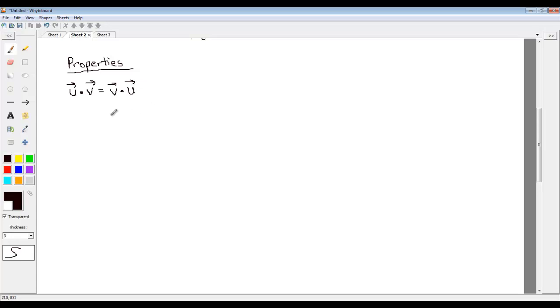You've got one that's basically a distributive property: u dot (v plus w) equals u dot v plus u dot w.